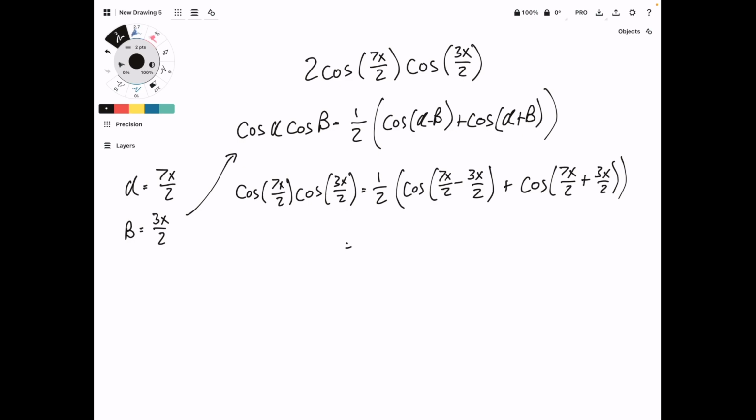And now we can do a bunch of simplifications on this right side. 1/2 cosine of 7 minus 3 is going to be 4x over 2, which is 2x, plus cosine of 7x plus 3x is 10x over 2, and that's going to be 5x.